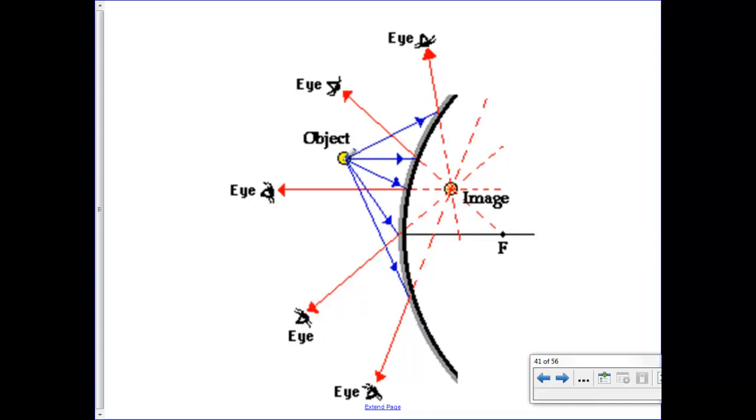This person right here is going to have light bounce like this and this. But if they aim their eye towards the mirror like this, it's going to feel like there's someone back here. But is the person actually back here? Well, no, the person is actually over here, which is kind of like what those mirrors in convenience stores do, right?